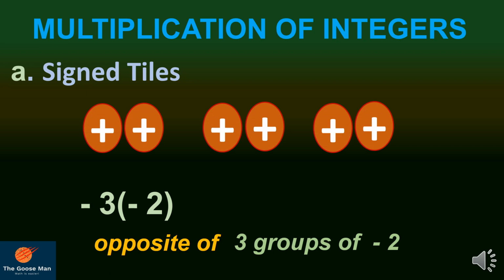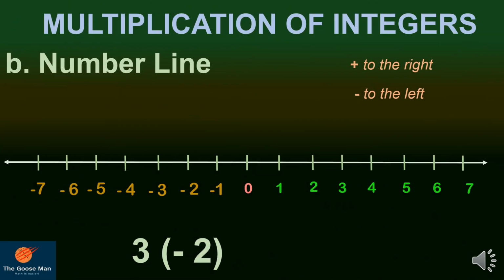So negative 3 times negative 2 is equal to positive 6. The first few examples are actually the technique using sign tiles.